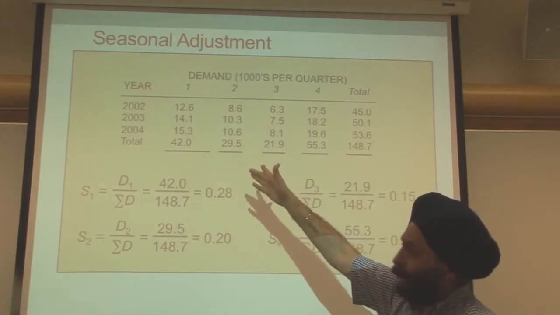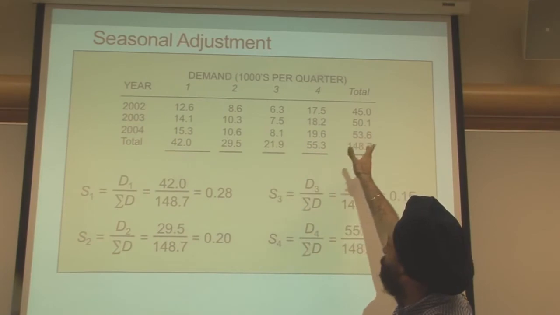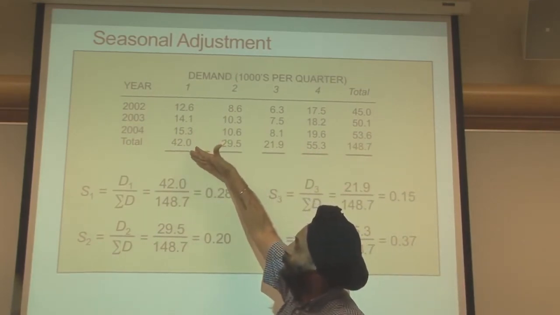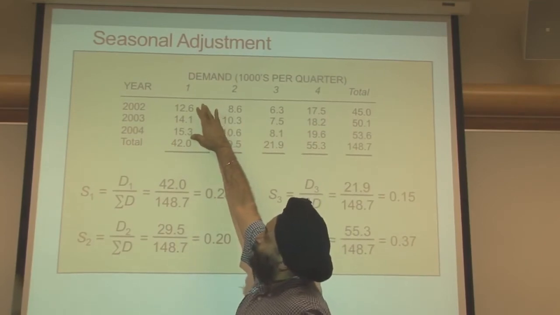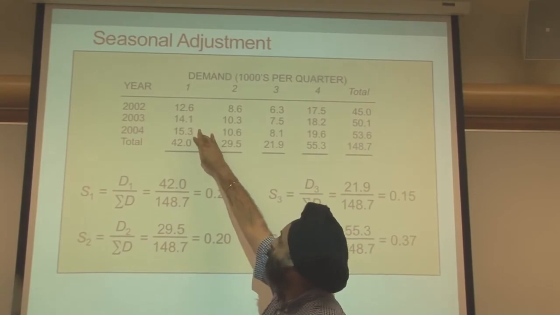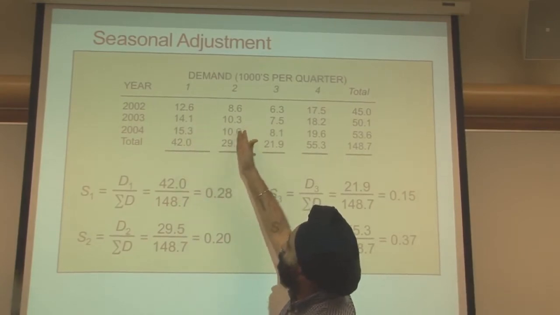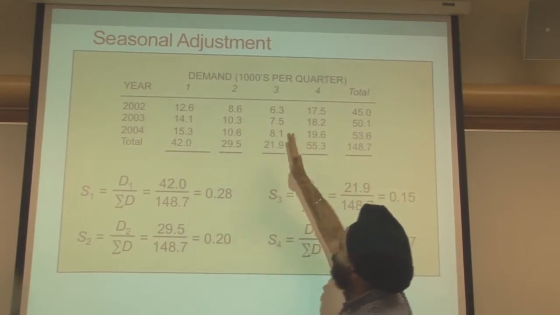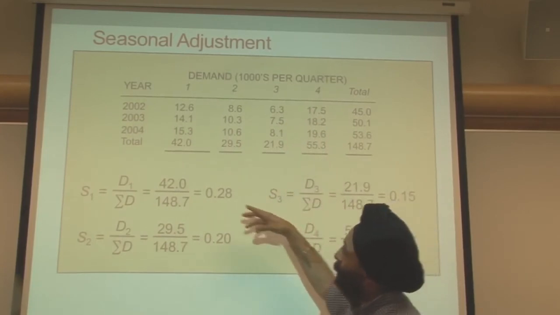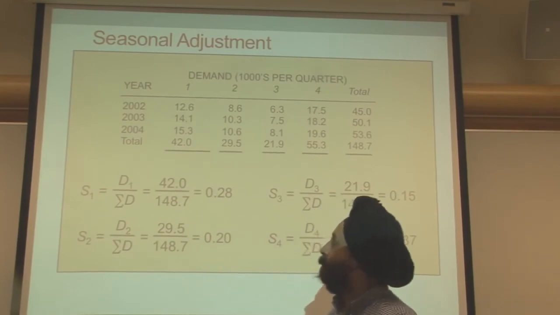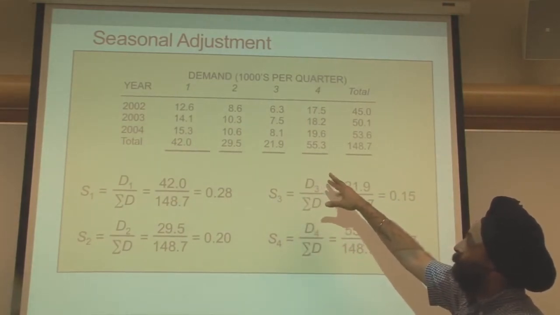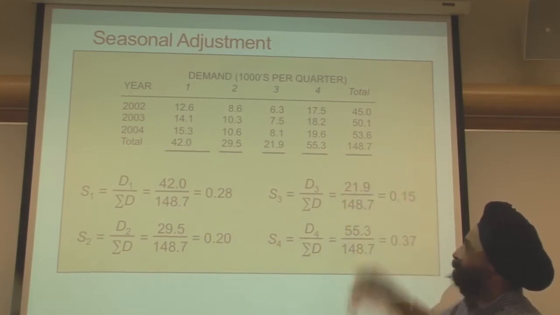The demand is given by quarter: these are the first quarters of the years 2003 and 2004, and similarly the second quarter for those 3 respective years, quarter 3, and quarter 4 of each of those years. When you total them up, that comes out to be 42, 29.5, 21.9, 55, and those are the final totals.